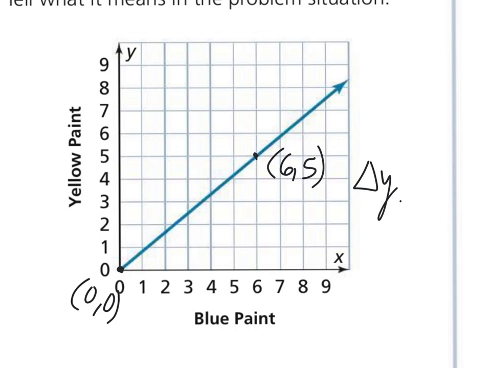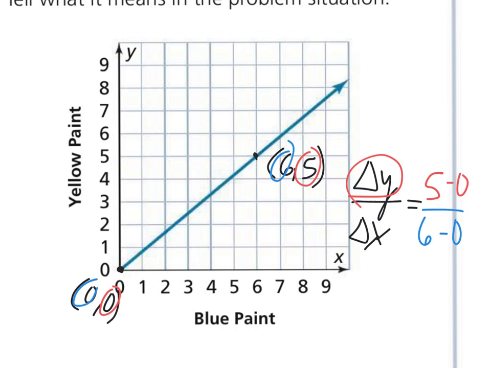Then we could find our slope. Remember, slope is change in y over change in x. To find our change in y, we look at our y values: 5 minus 0. X values in the same order: 6 minus 0. 5 minus 0 is 5, 6 minus 0 is 6, and so our slope would be 5/6.